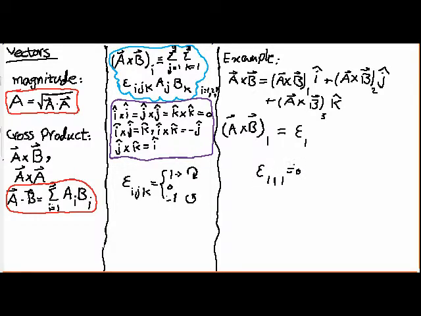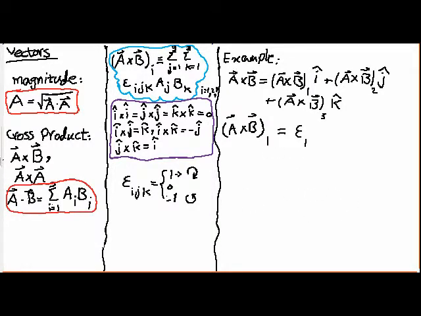For example, 1, 1, something else, or 1, something, 1, that is 0. So I don't write the zero components, I will only write the non-zero ones.